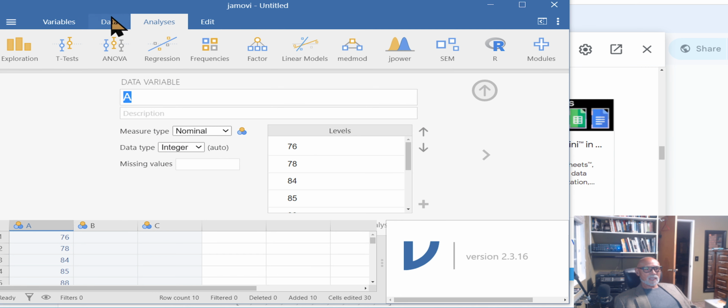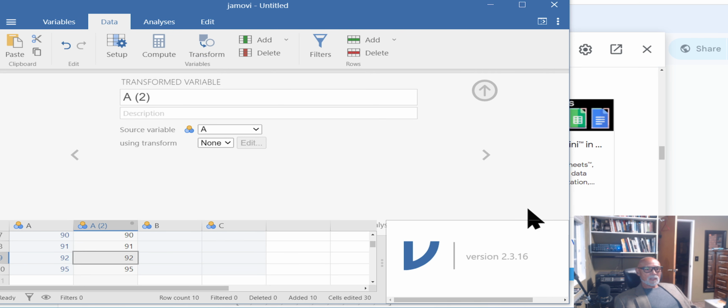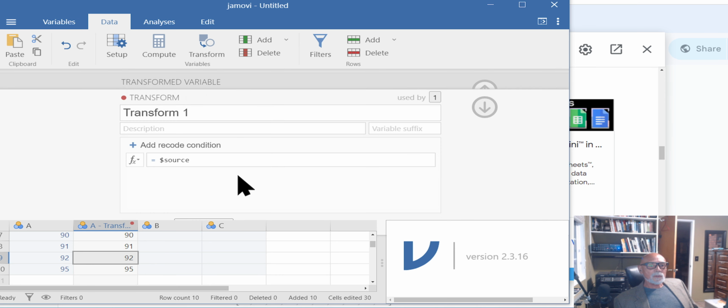I'm going to go to Data, select Transform. Under the Transform, the type of transform, create a new transform.